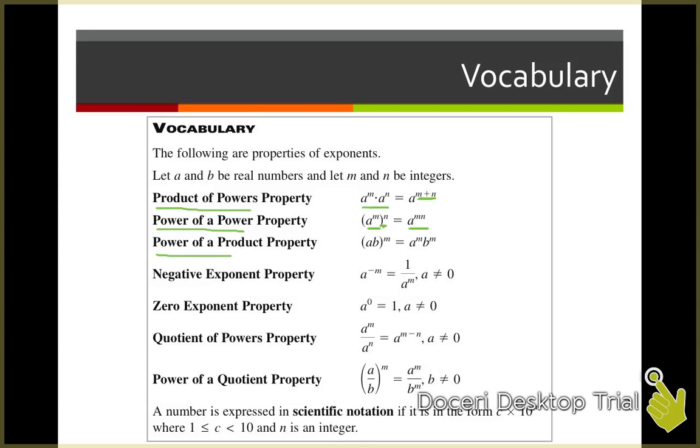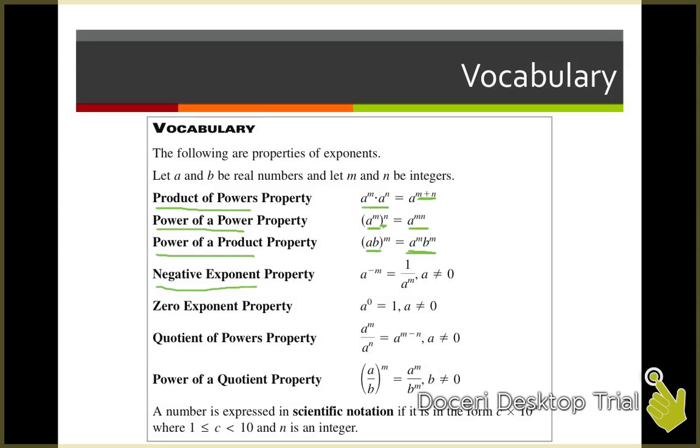We have the power of a product property, which says if I have some product and raise that to a power, then I can take each factor raised to that power separately and then multiply.